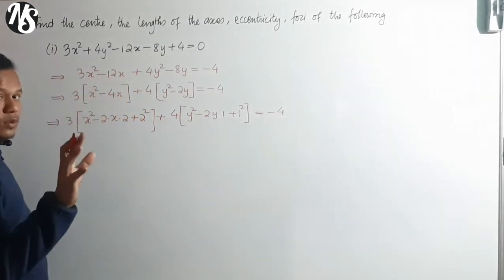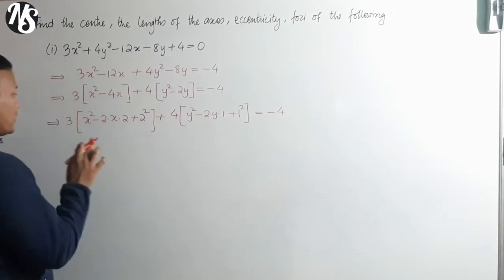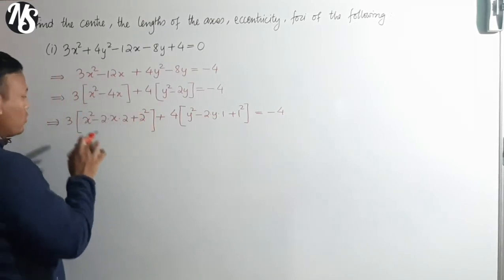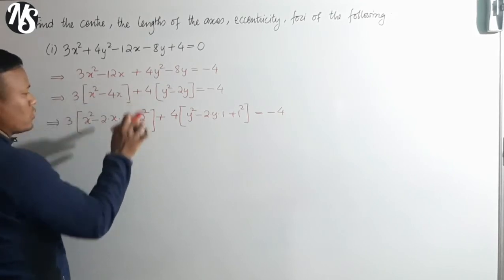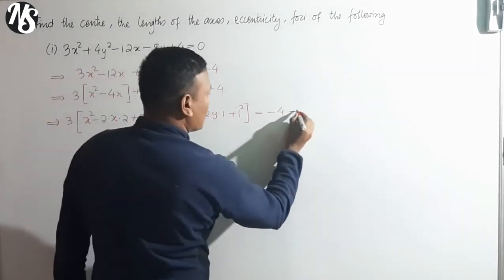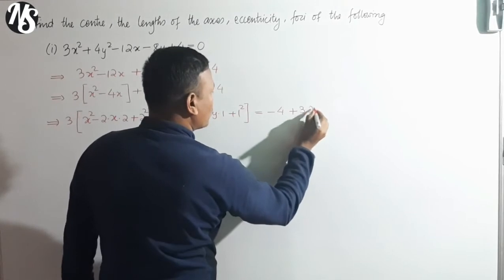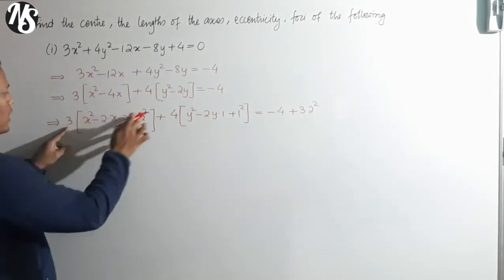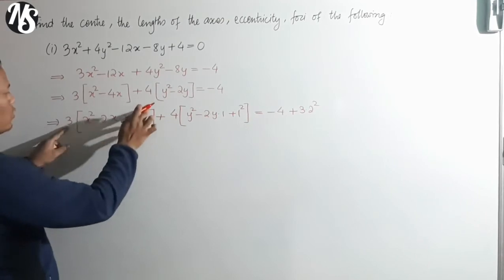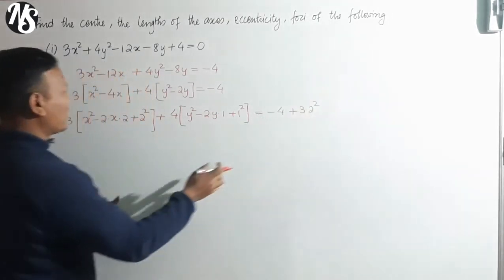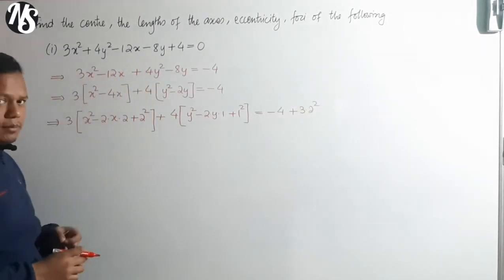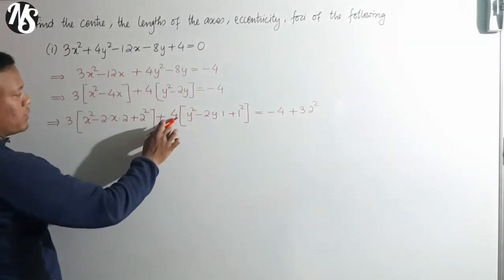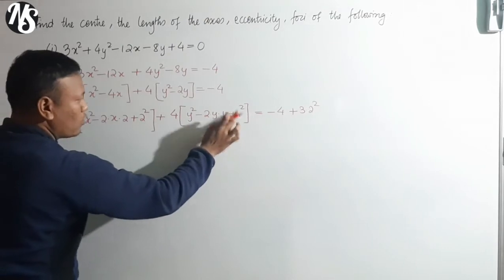Let us see what are the things that need to be compensated. So we have 3 plus 2 square is there, right? So it is actually 3 into 2 square. So that's why I'm writing 3 into 2 square out here. Open the bracket, 3 and this. So 3 into 2 square, 3 into 2 square, both get cancelled, so ultimately you will get the same thing. The same thing will be done here as well, but here we have got plus 4 into 1 square.